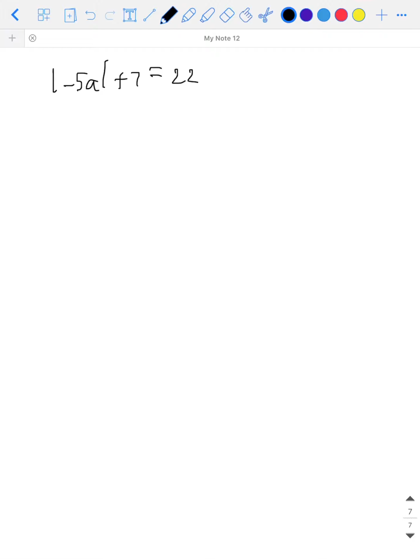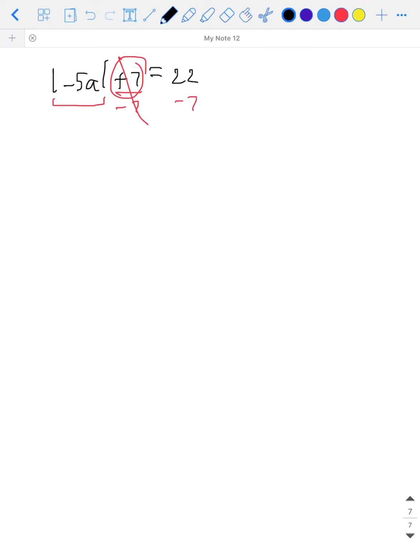Unlike the first three questions where you immediately split off the absolute value functions so that you have the positive and negative version, for this, we have the plus 7, which is outside the absolute value. So we cannot split the problem up first. We need to subtract the 7 from both sides because it's outside the absolute value functions first.